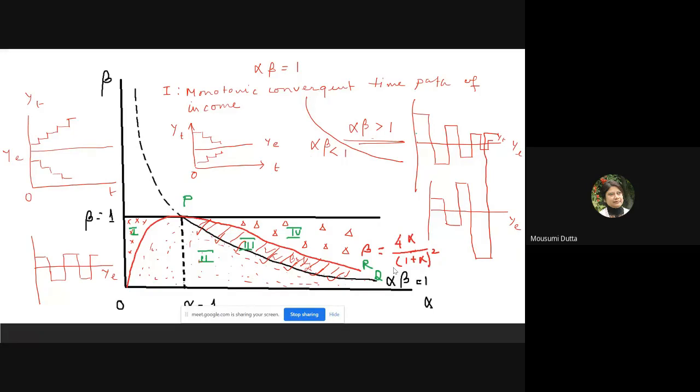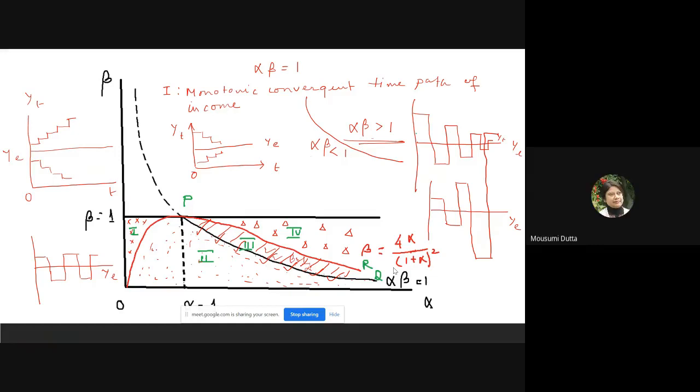Along the path PR, is alpha beta greater than 1 or less than 1? Greater than 1. Alpha into beta greater than 1. So will the time path be stable or unstable? Unstable.